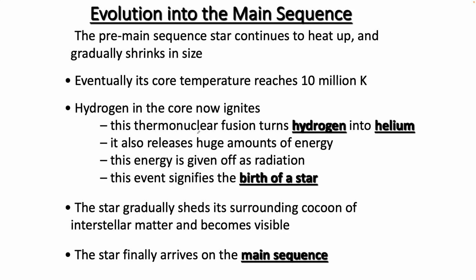And at a certain point, the temperature of the core, so that means the central region, will reach 10 million Kelvin, right? And so when this happens, the hydrogen in the core now ignites. So that will happen if you have learned about nuclear reactions or fusion reactions.